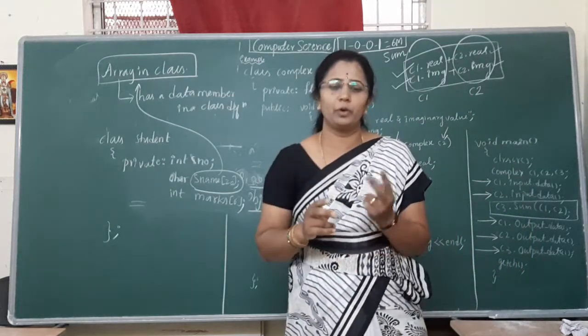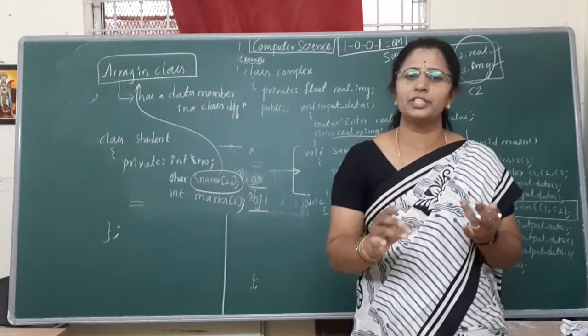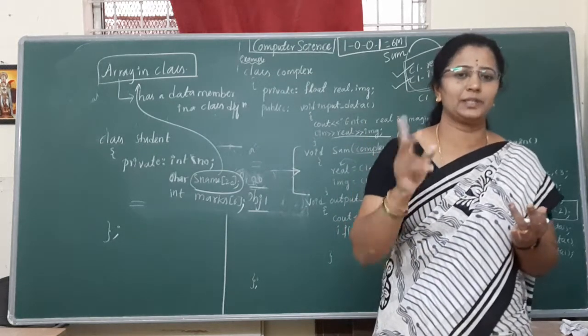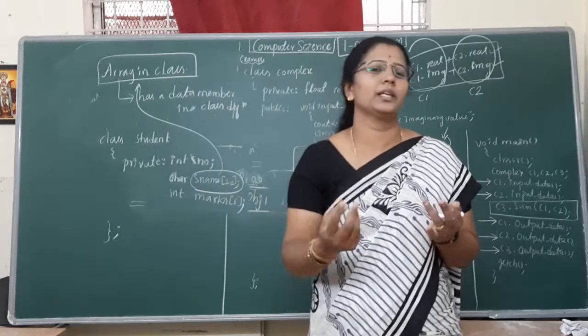So two different possibles. Then the third one is, you are defining the member functions inside the class or outside the class. Both will not come, so either inside the class or outside the class.